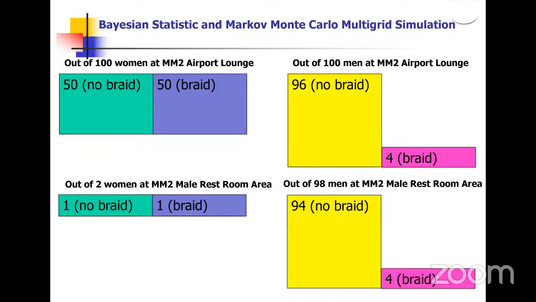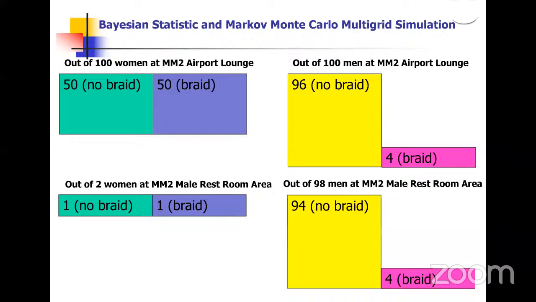Now imagine that we have 100 men in the airport. 96 of them are wearing no braids, 4 of them are wearing braids, because from your prior knowledge, men don't braid their hair that much in this part of the world. So you can calculate the probability of the person wearing that braid being a man.